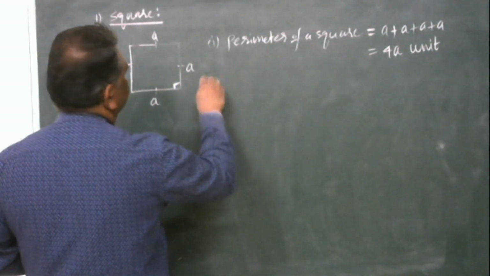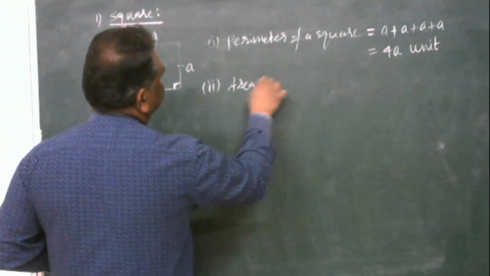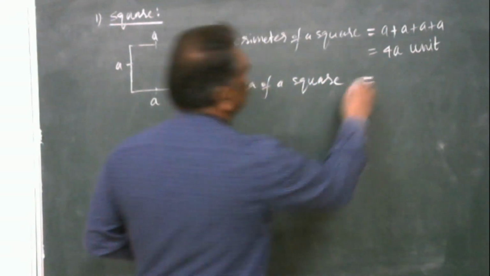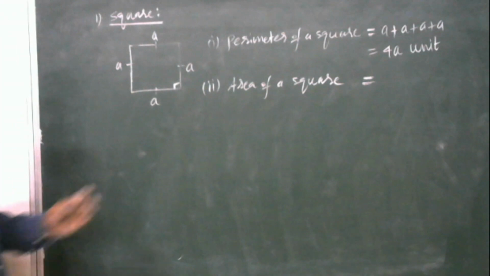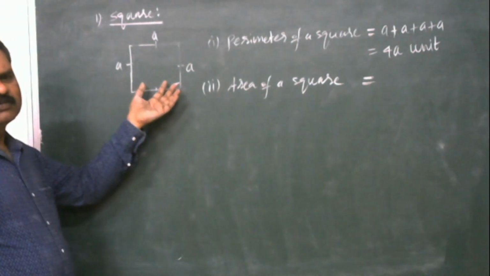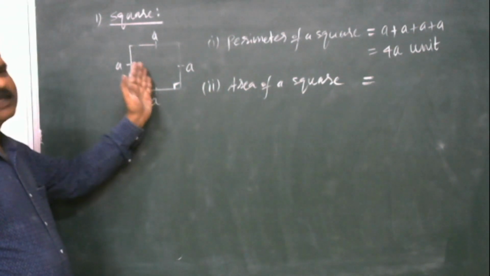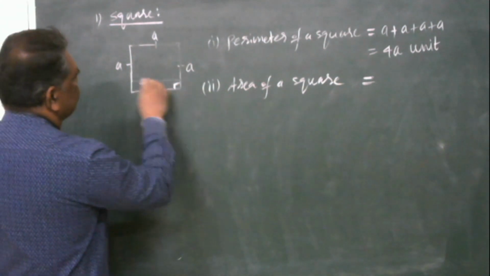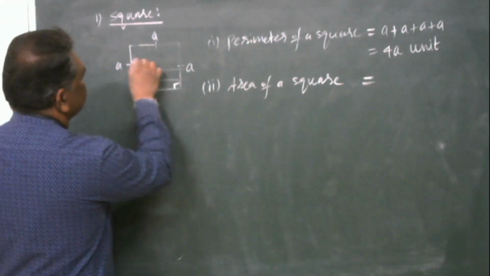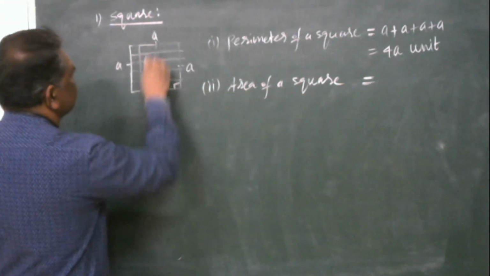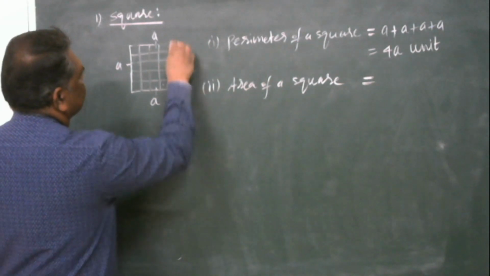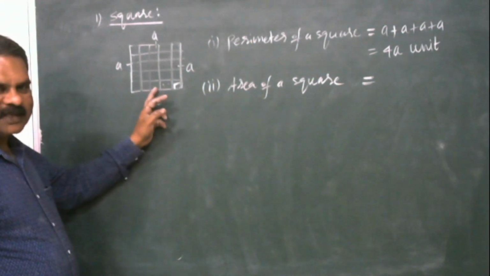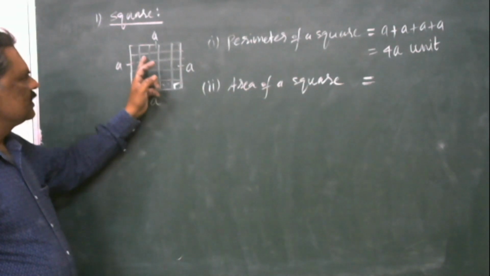Second is the area of a square. How do you measure it? By the number of unit squares. How many unit squares can be placed here? A unit squares along this side, and A along the other side.